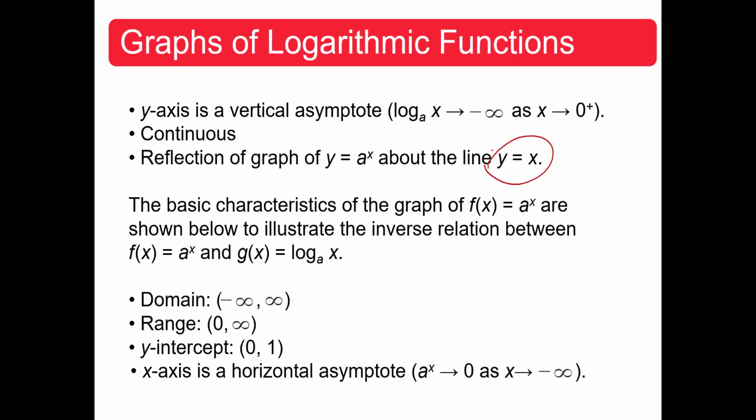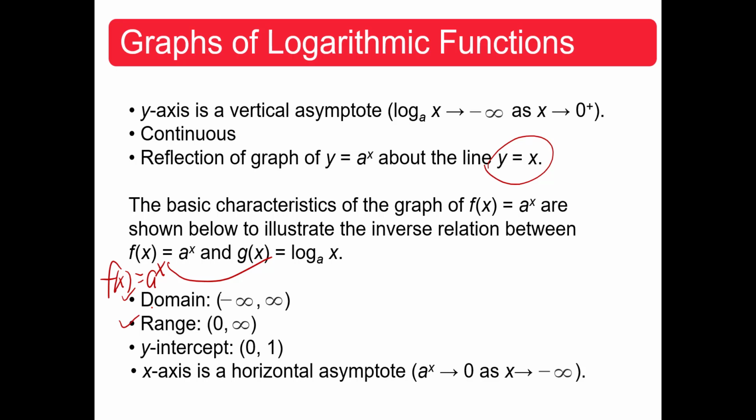The basic characteristics of the graph of f of x equals a to the x are shown below, and these two are inverses of each other. For f of x equals a to the x, the exponential with base a, the domain is all real numbers and the range is from 0 to infinity.